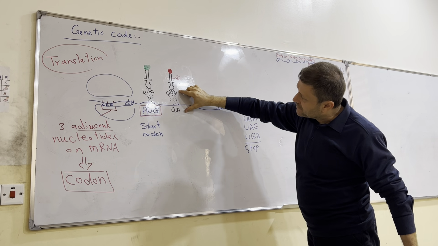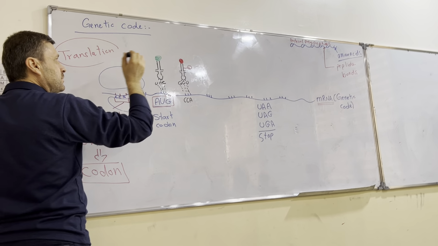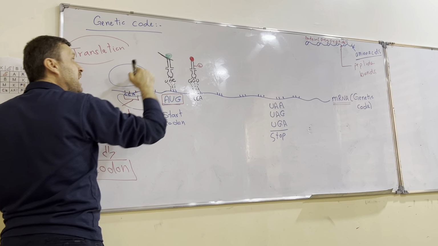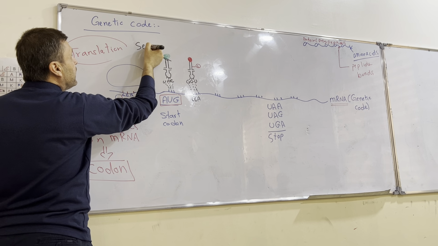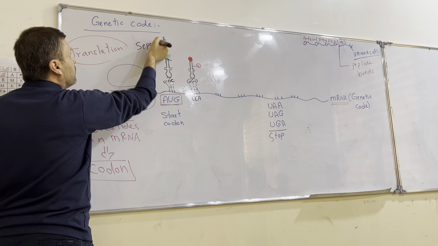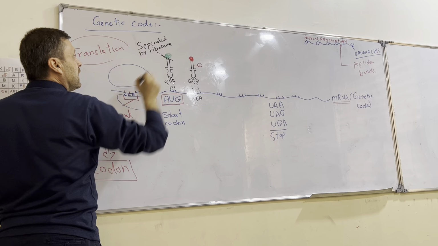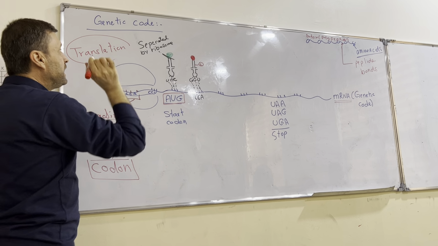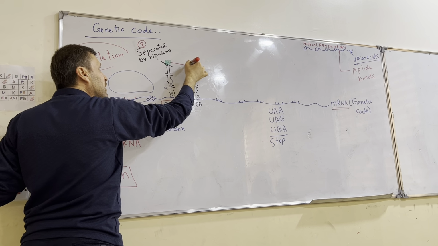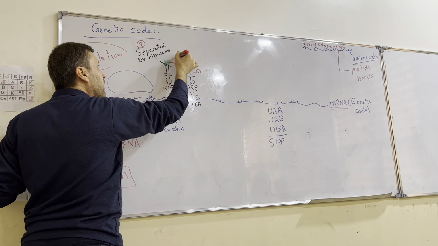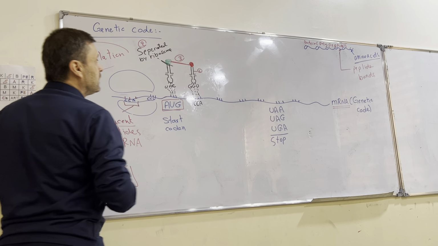After it binds the codons and anticodons, the ribosome separates the first amino acid. A peptide bond is formed between the first amino acid and the second amino acid.